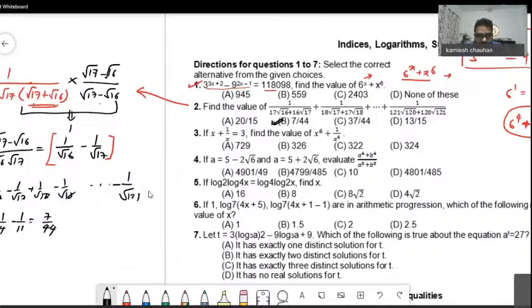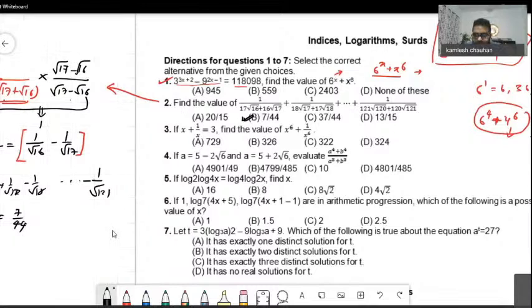Question number 3 again. This one is something which we can write in this form: minus, so this is a cube plus b cube, so I can write a plus b whole cube minus 3 into ab, and here we can write a plus b.